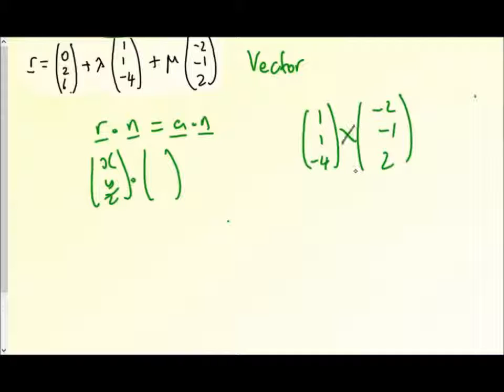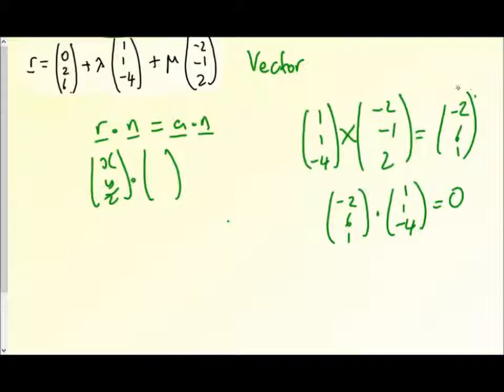If we were to work out the vector product of those two, that would give us a vector that was a normal, or perpendicular, to those two. So I'll invite you now to try and do that calculation yourself, and don't forget to check it with the dot product. Pause the video.